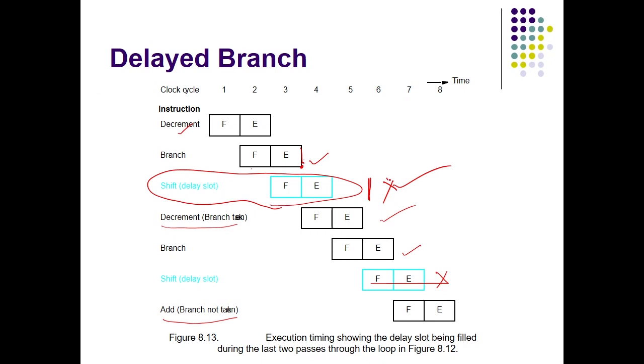Whether the branch happens or not, that will be executed. After the decision, if there is a branch, then again it will go. I am not discarding here, and when I realize a branch is necessary, I will go to that particular instruction, but within this time I have done my work.